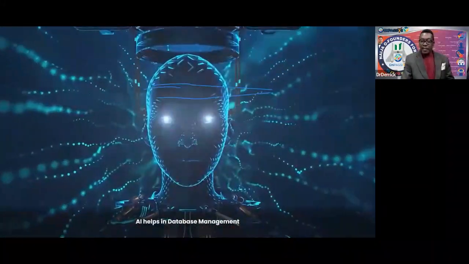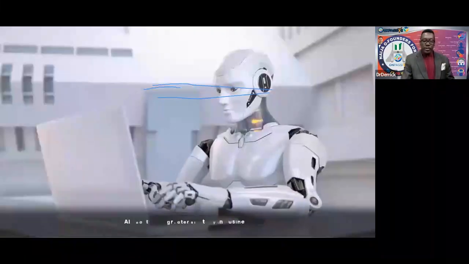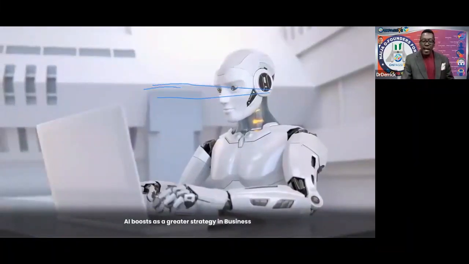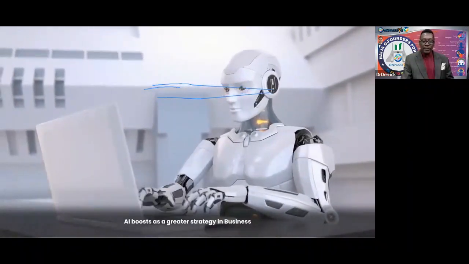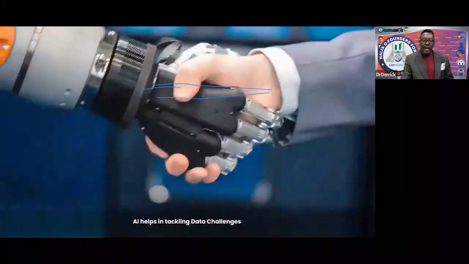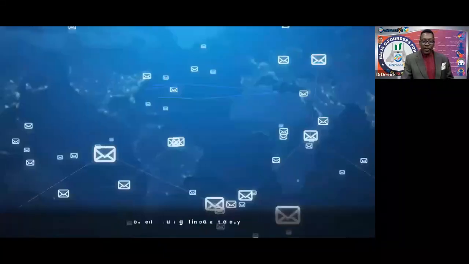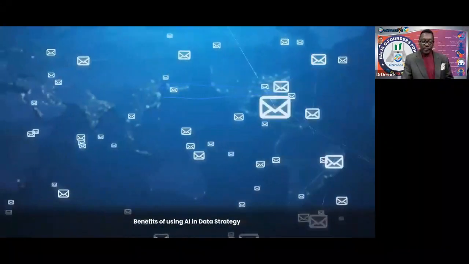AI helps in database management. That is a thumbs up for users. AI boosts a greater strategy in business. AI helps in tracking data challenges. Benefits of using AI in data strategy.